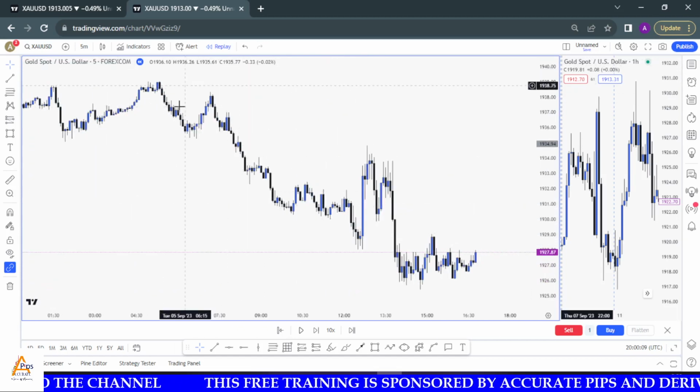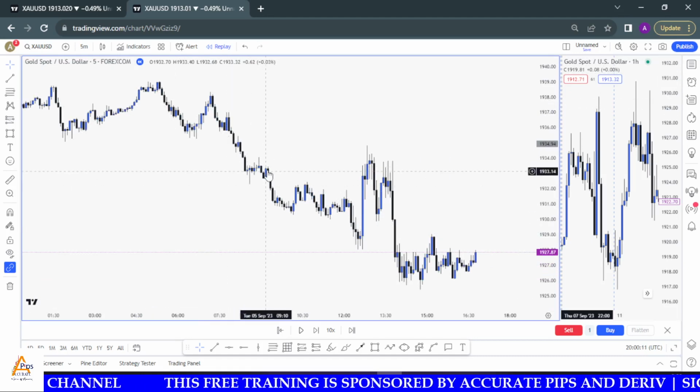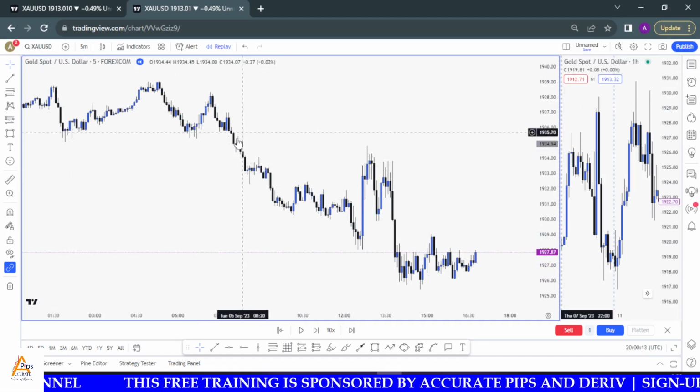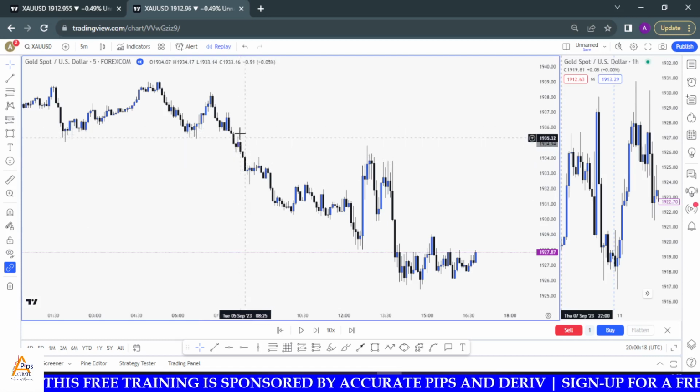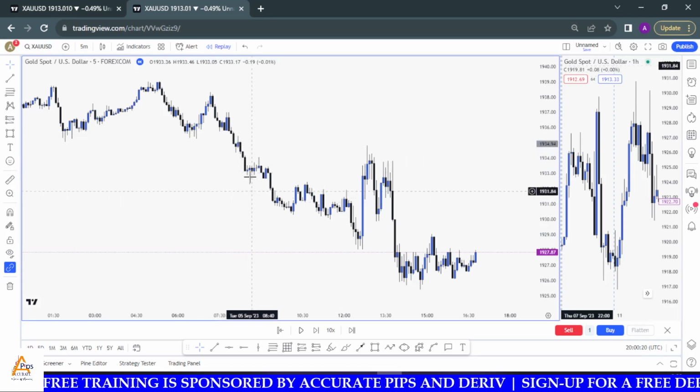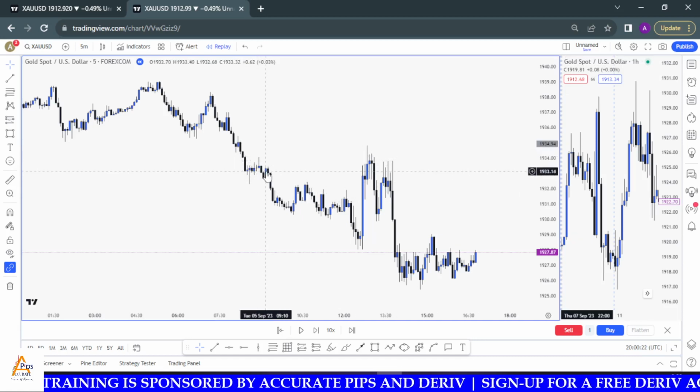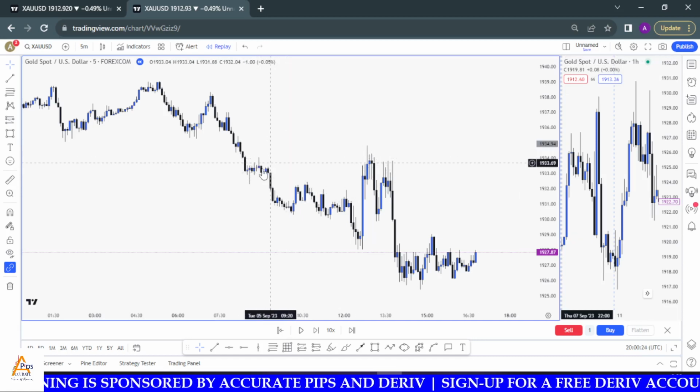Where, I'm not seeing any proper area to make an entry from. This is a single candle, a valid pullback. This is a single candle order block. We came here. This is also a single candle order block. But look here, there is no proper imbalance.